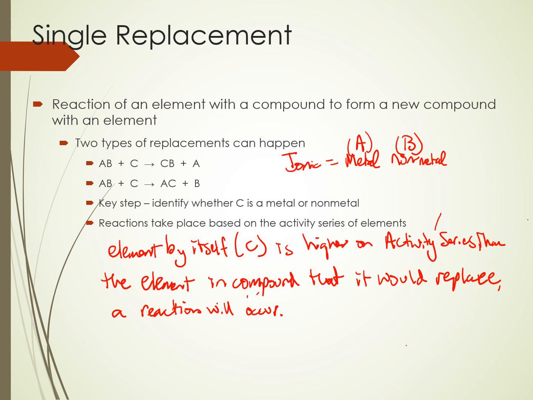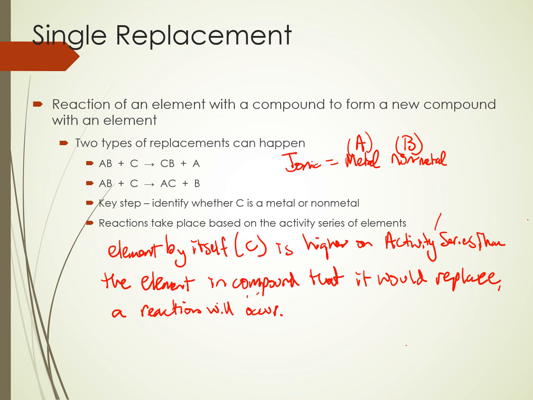You saw this when we were talking about the periodic trends and the families, when we were looking at the reactions of sodium with water and calcium with water. If you remember those explosion reactions that we did in the fume hood, the calcium fizzed a little bit.